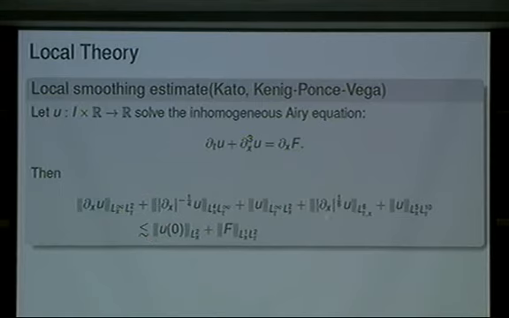And then other estimates are obtained by interpolating those two. So the first and second one are endpoint estimates of the local smoothing. We are going to call all of these local smoothing estimates.